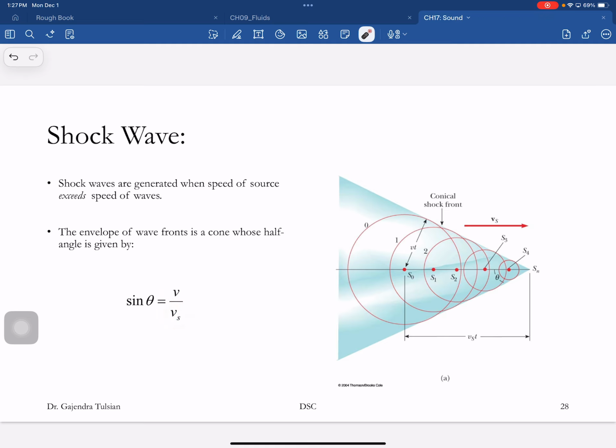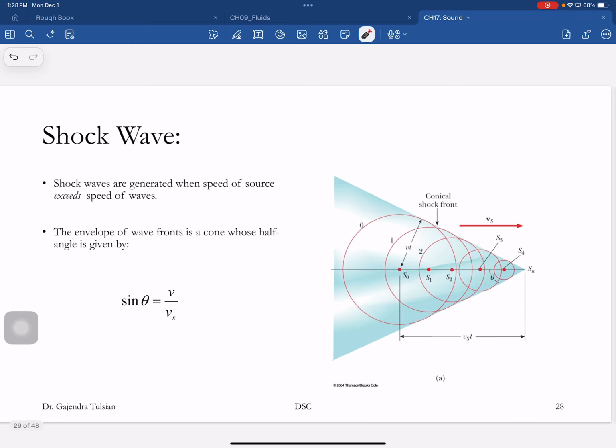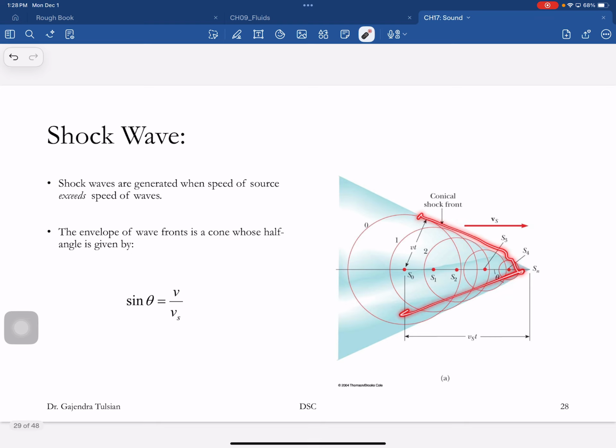You can see that this equation only has a solution when the source is moving faster than the sound wave, so this number has to be less than 1. The faster the source is moving, the narrower the cone.